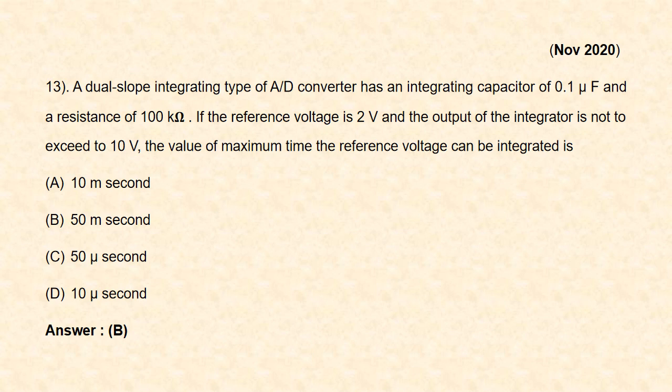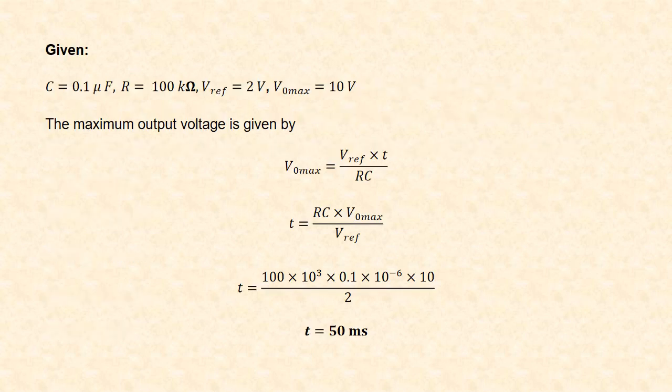Let us see the solution. In dual slope ADC, the maximum output voltage of the integrator is given by the formula V_out max is equal to V_reference into T divided by RC. T is the maximum time the voltage can be integrated.